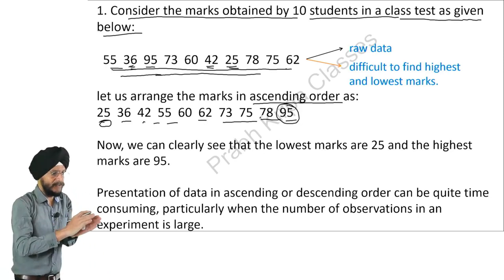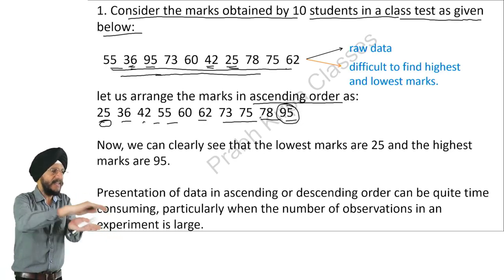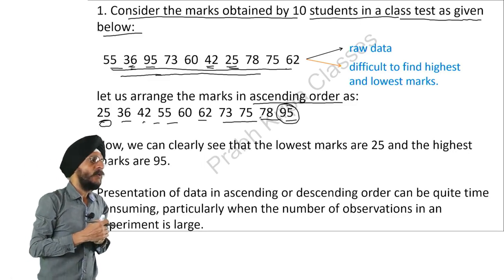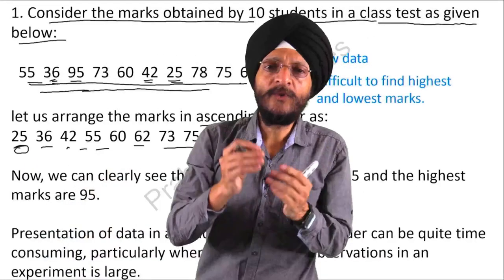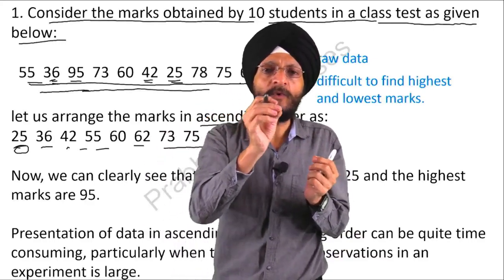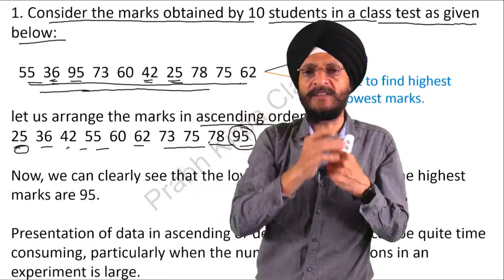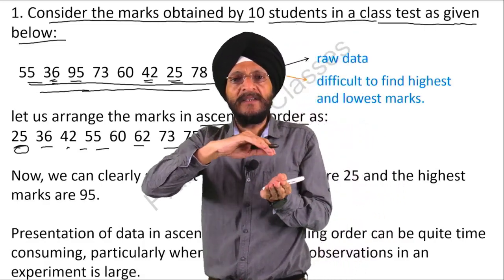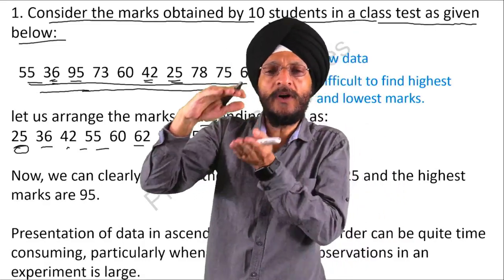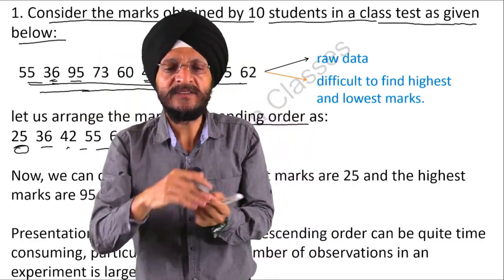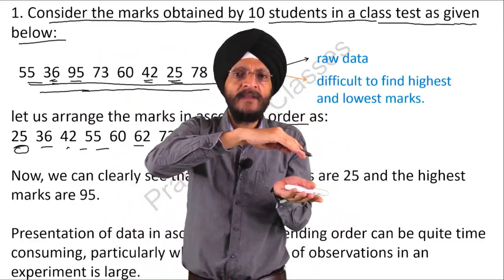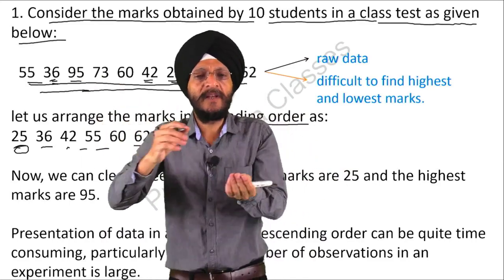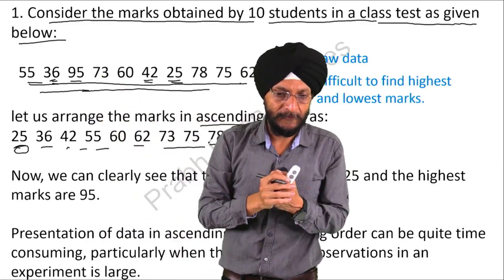Presentation of the marks in this ascending or descending order is useful when we are to present data in respect of only a few students. But if we are to present data in respect of say 200 or 300 students, then presenting the data in ascending or descending order will become quite difficult.